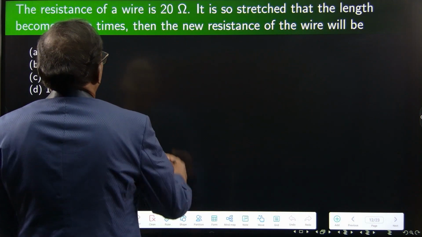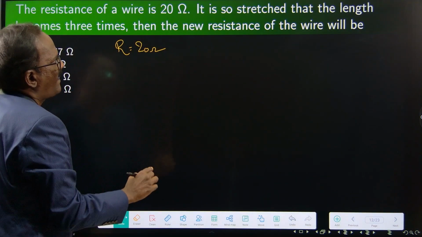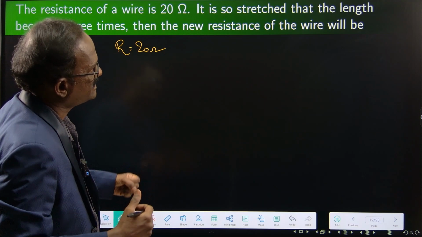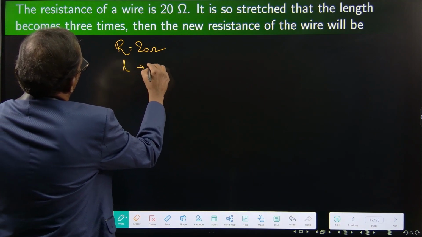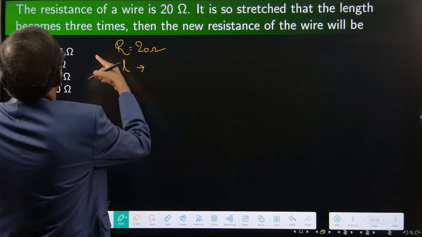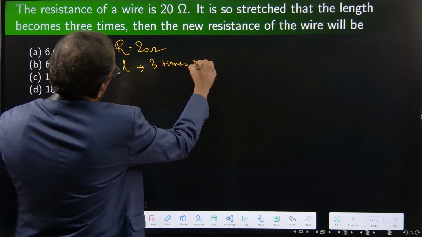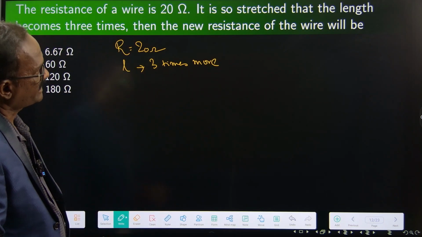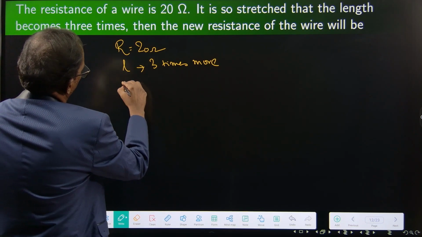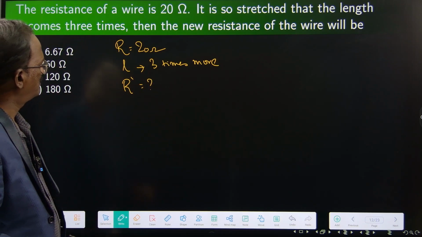The resistance of a wire is 20 ohms. It is so stretched that the length becomes 3 times more. Then the new resistance of the wire would be? Almost similar question.